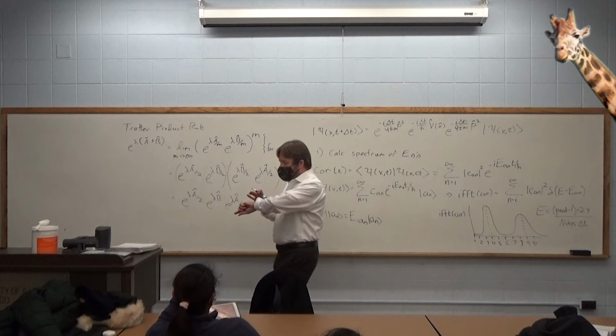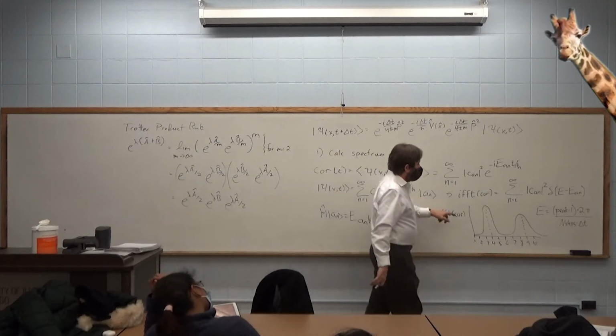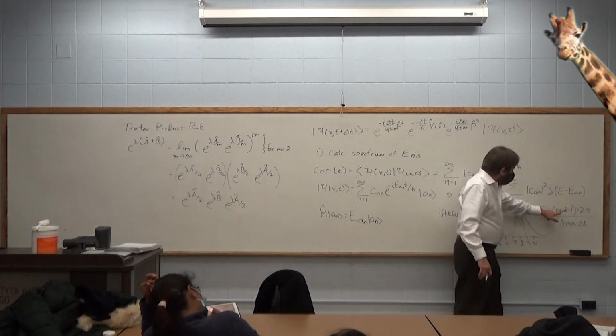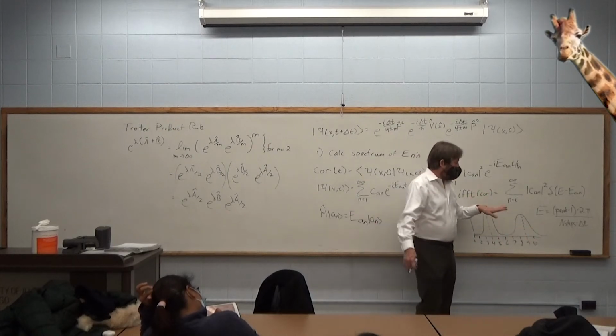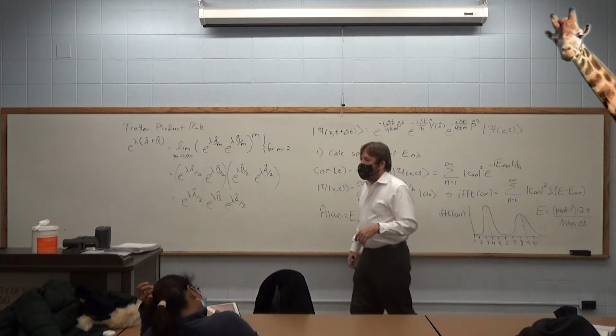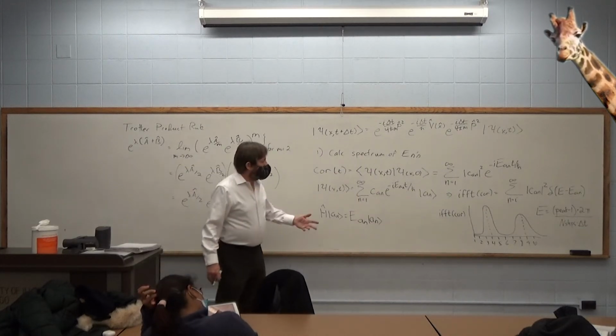Again, we need to move off of this as quickly as possible. But in this case, 3 times 2 pi over 1,000 time steps. Again, you can play with that. Delta t, let's say 1, right? And so then that gives you the energy.